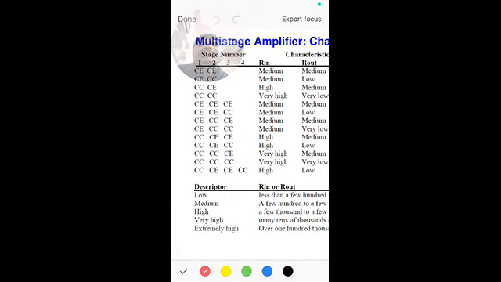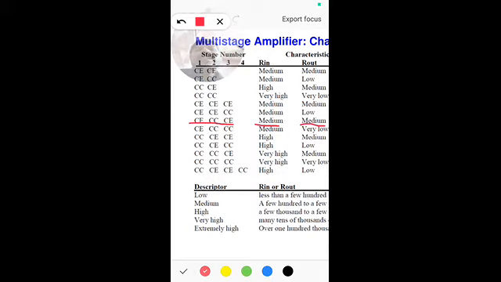And coming to CE, CC, CE. We have a medium input impedance, because the first stage is CE, and the output impedance is also medium.